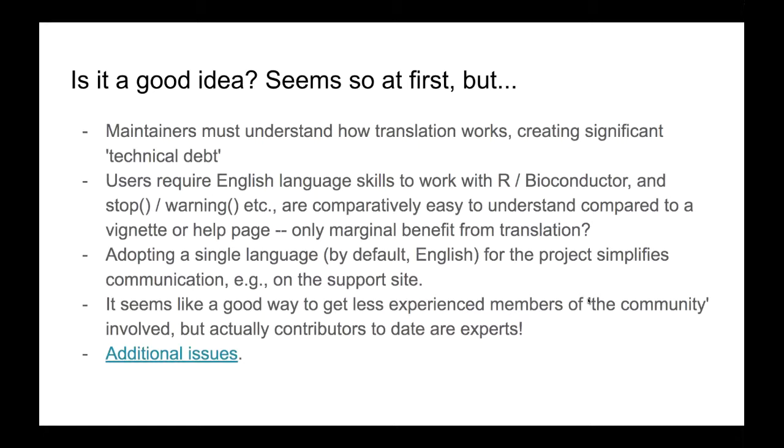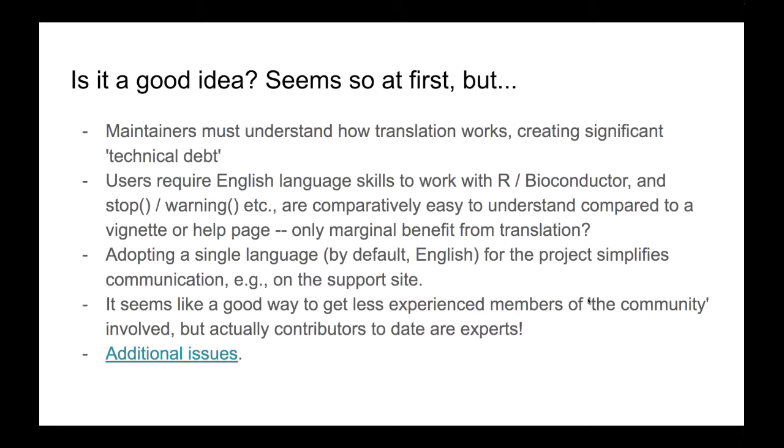There's another argument that initially sounds, I thought it was, first of all, it came from a non-native English speaker, but I'm not sure that I really know how to parse this: users require English language skills to work with R and Bioconductor. And understanding stop and warning messages is comparatively easy compared to understanding, say, vignettes or help pages.